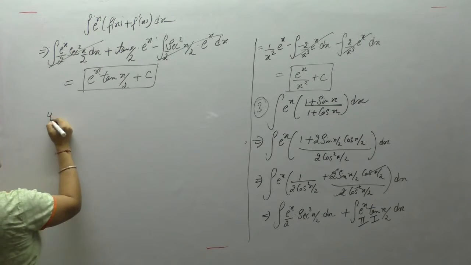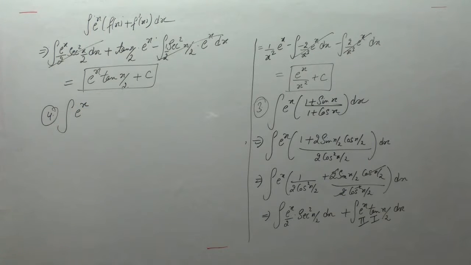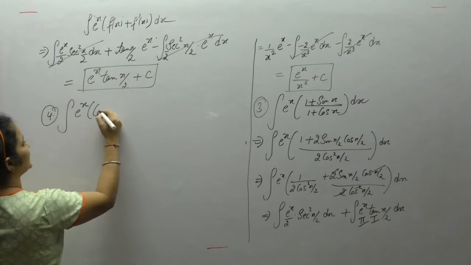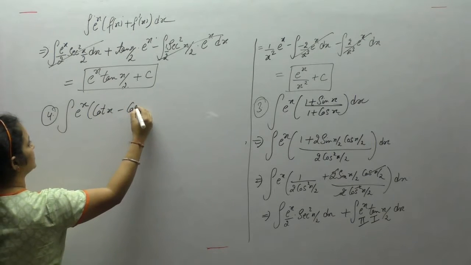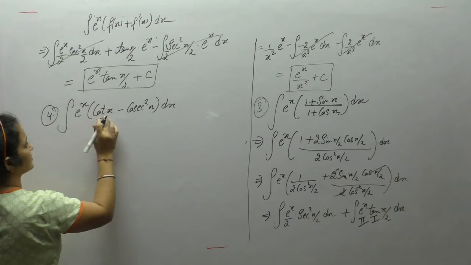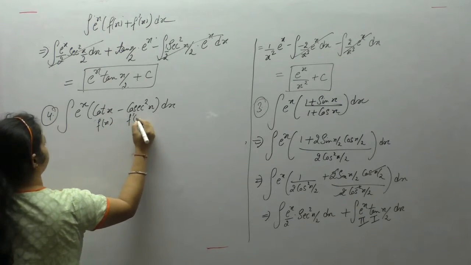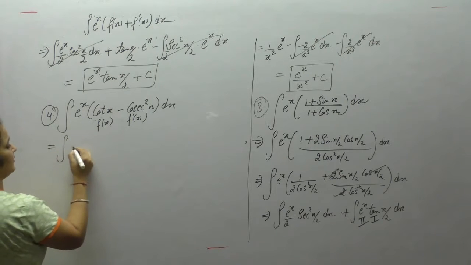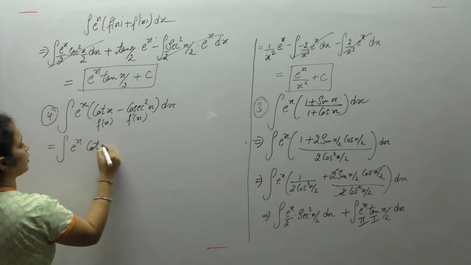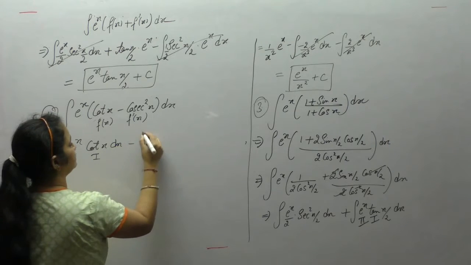Now the next one is integral of e^x into (cot x minus cosec square x). Now we know the derivative of cot x is minus cosec square. So apply this rule by taking cot x as first and exponential function as second.